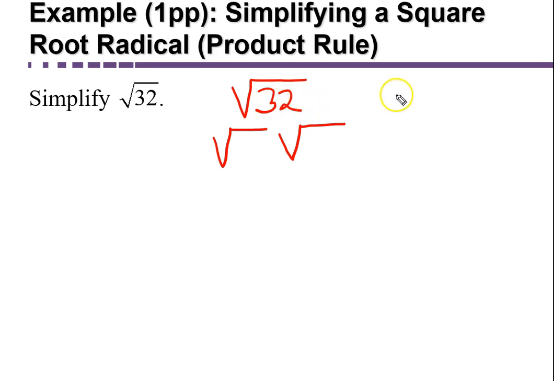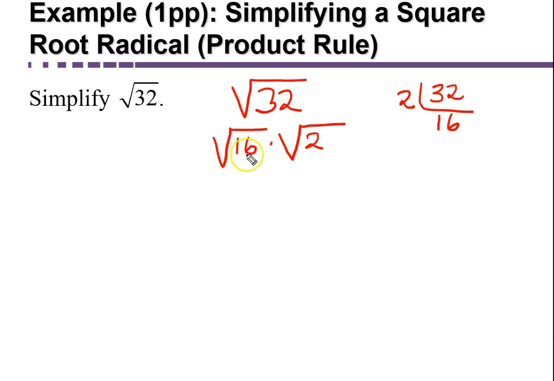Well, let's do this. 32, going to divide it by 2, and you get 16. You say, wait a minute now, 16 is a perfect square. So on the left radical sign, you'd put 16, and keep in mind there's a dot there. We don't have to show it. And then there's a 2.